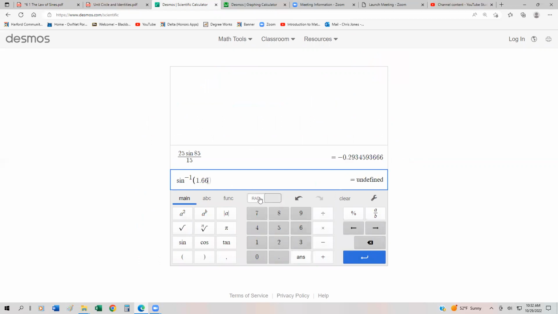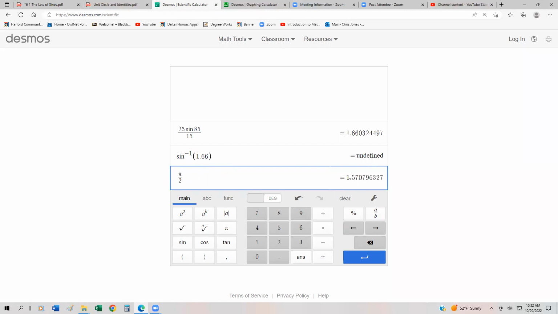Whether it's radian or degree mode doesn't matter, because this is outside of the domain for the arc sine function. The range is negative pi halves to pi halves; pi over 2 is 1.57.